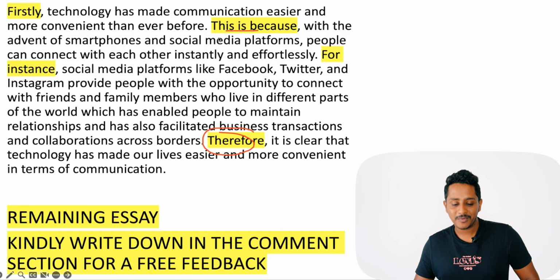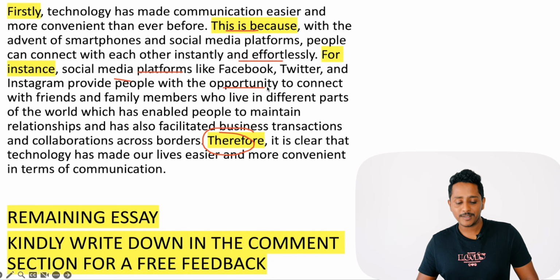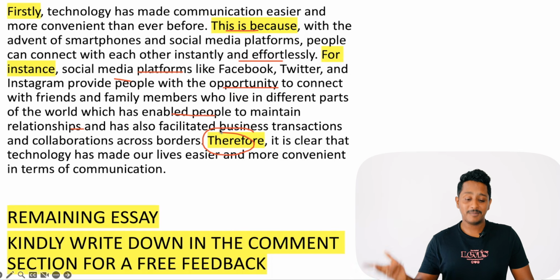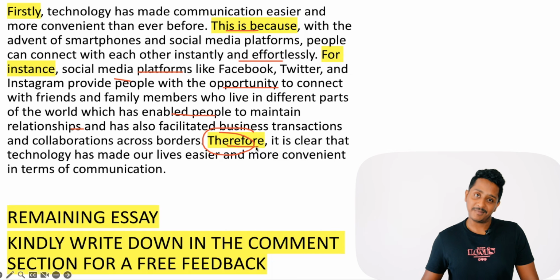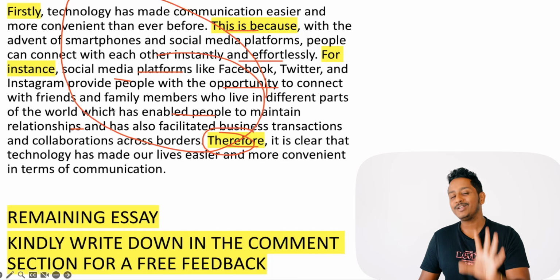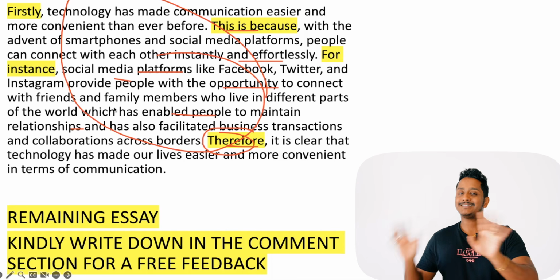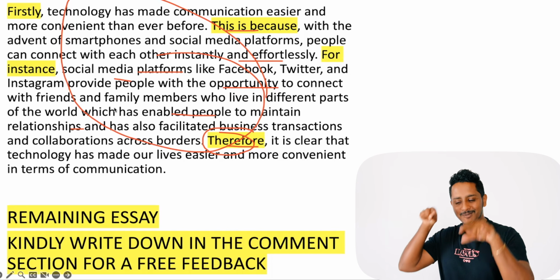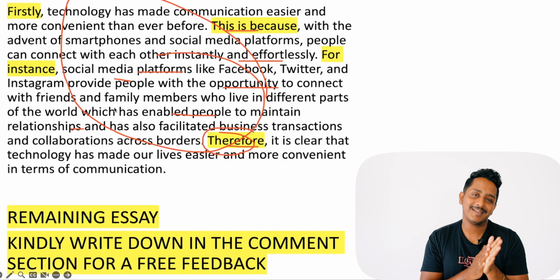This is because with the advent of smartphones, people can connect effortlessly. For example, Facebook and Twitter provide the opportunity for people who live in different parts of the world to maintain relationships, and have also facilitated cross-border businesses. Therefore, it is clear technology has made our lives easier. This was easy. But the next paragraph you also need to write: on the other hand, however, as a result, because this is what decides whether you can get 7 or not.